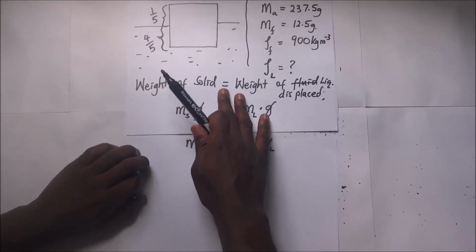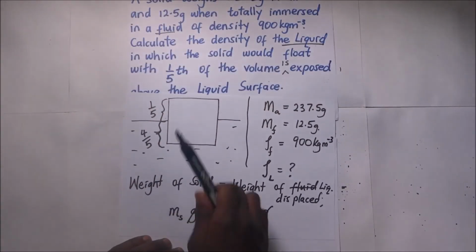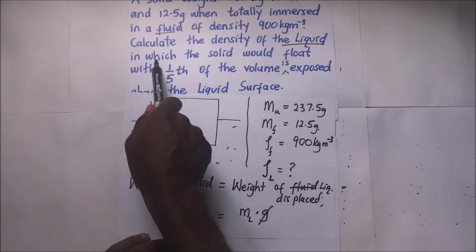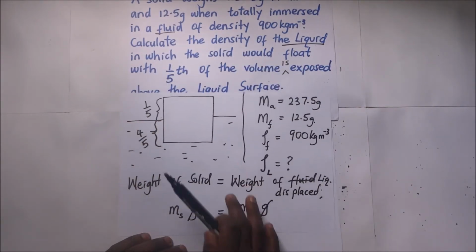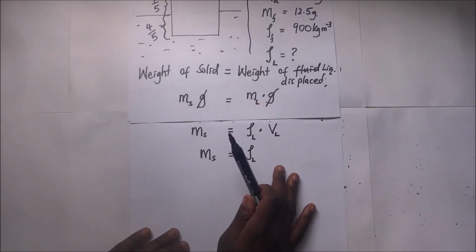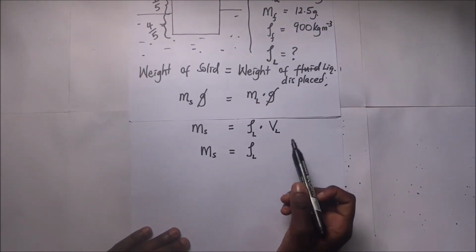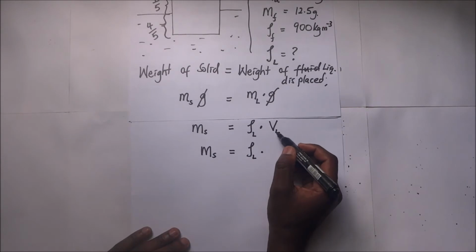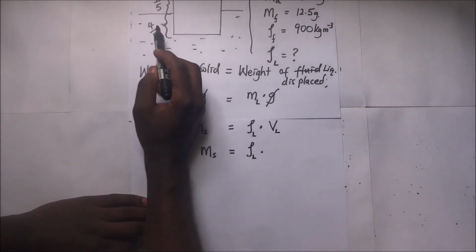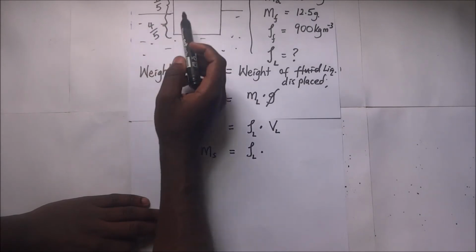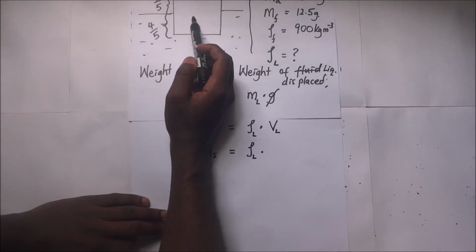The question is asking us to calculate the density of the liquid in which the solid would float with a fifth of its volume exposed. So this is the density we are looking for of that liquid. The density of the liquid, multiplied by the volume. Of course, the volume of the liquid that was displaced here is 4/5 of the volume of the body that was submerged.